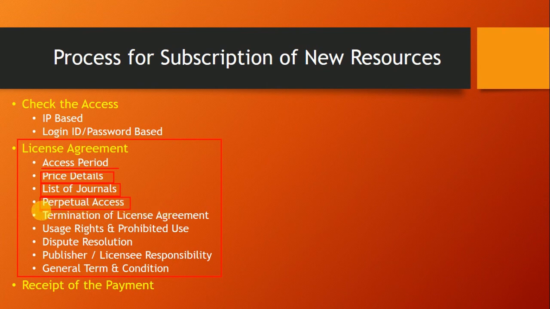Termination of the license agreement. In what condition can the publisher terminate the license agreement, or in what condition will the licensee also have the right to cancel the license? Then user rights. What rights does the institute have, and what is the prohibited use?